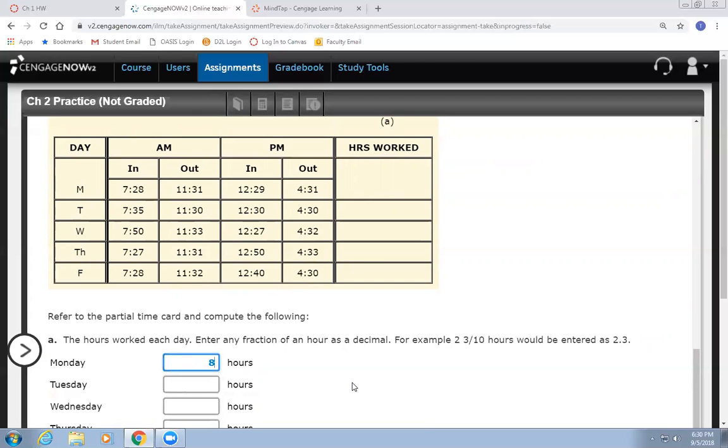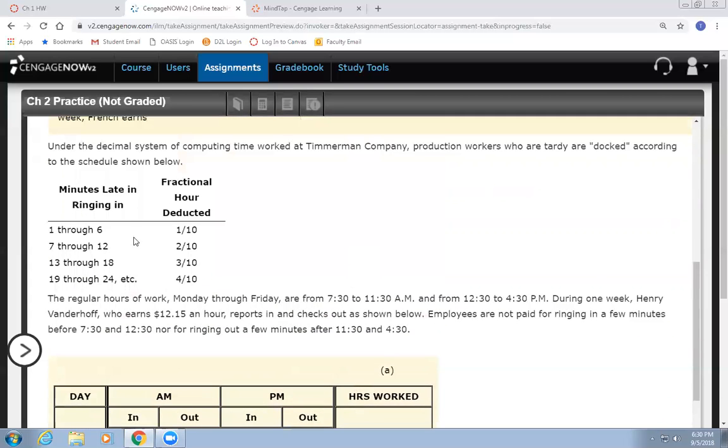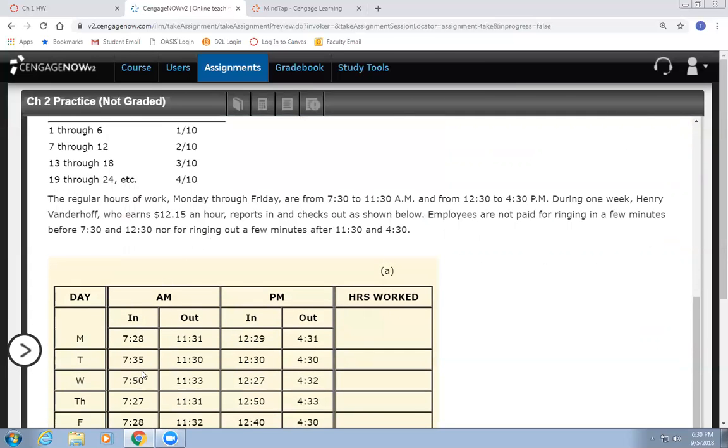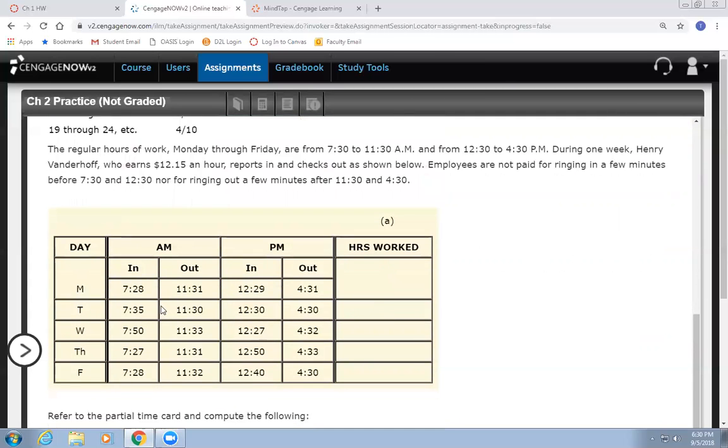But then we get to Tuesday. He was 5 minutes late. He clocked in at 7:35. Well, if I look at the little chart for minutes late and ringing in, he was 5 minutes late. So we need to deduct 1/10 of an hour off of his credit. So in the morning, he should only get credit for 3.9 hours worked, 4 minus that 1/10.